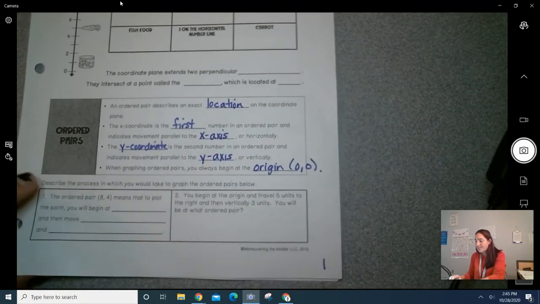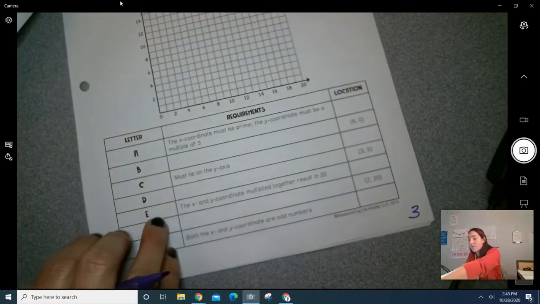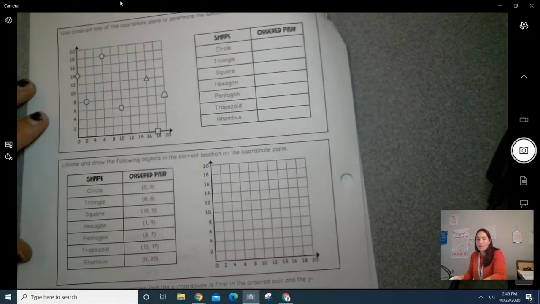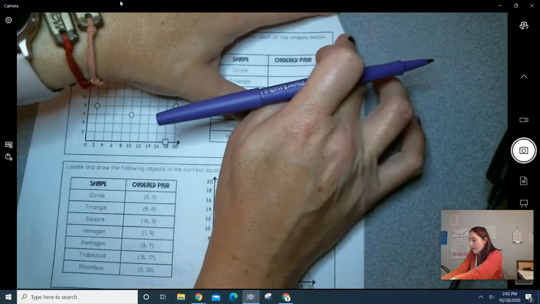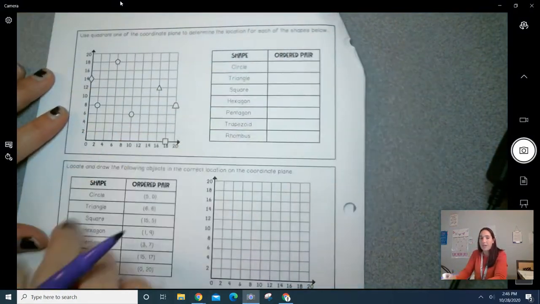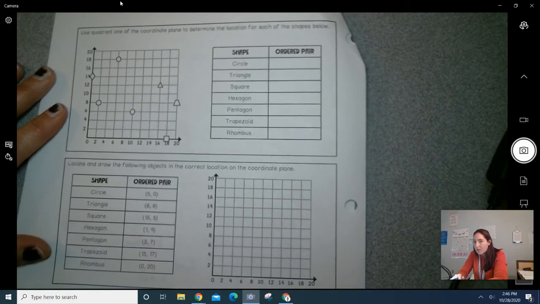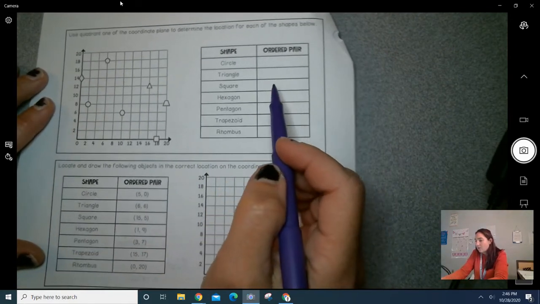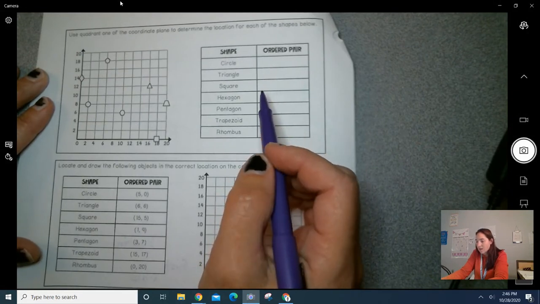All right, so now we're going to skip this bottom part and we're going to flip to page 2 of your notes. And we're going to get a little bit of practice with figuring out where shapes are on a coordinate plane. So we have this coordinate plane here and we have some shapes and we need to write the ordered pair for where each shape is.